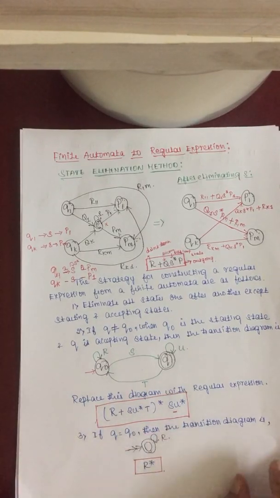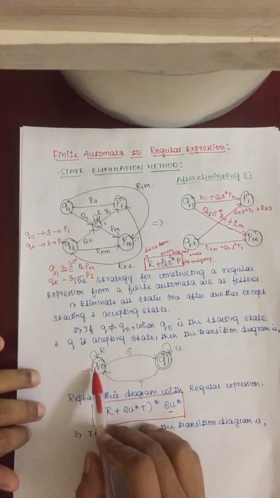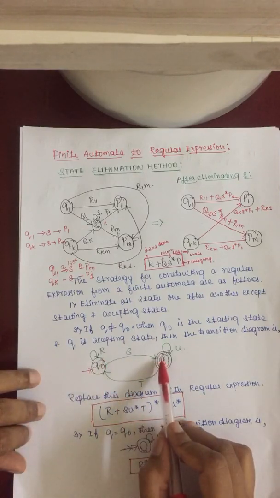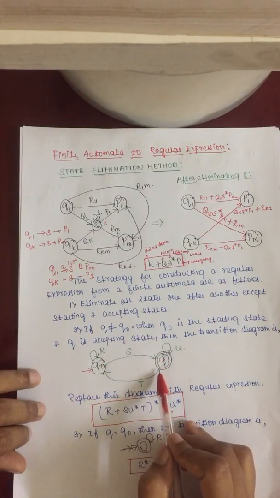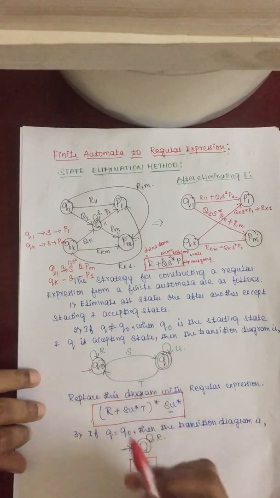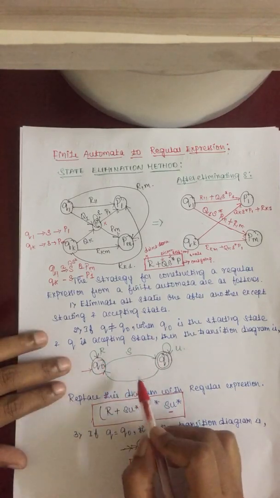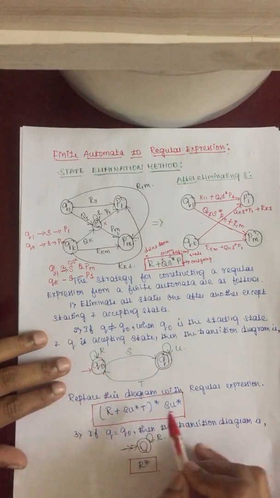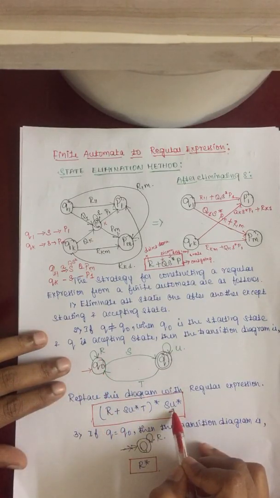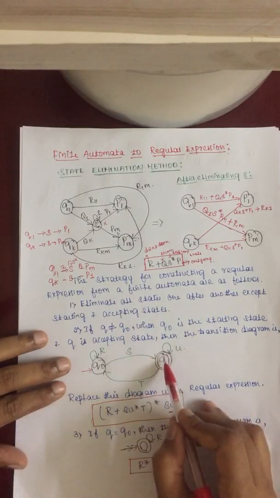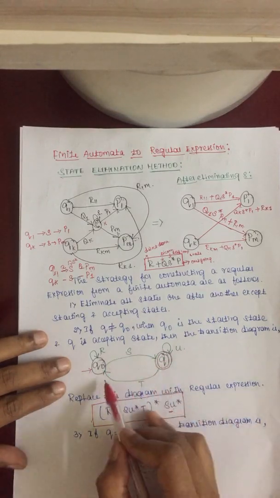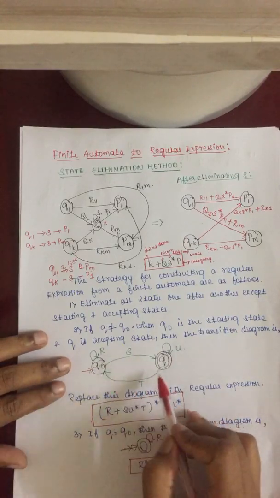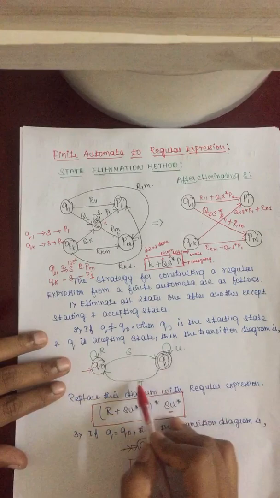What about the beginning? The beginning can be either R star or SU star T, then again SU star T also, R star, and the ending will definitely be SU star. So either the input will be R along with SU star, else SU star T, then again SU star T, then again SU star T, and likewise any number of times it can be accessed, the possibilities are there.